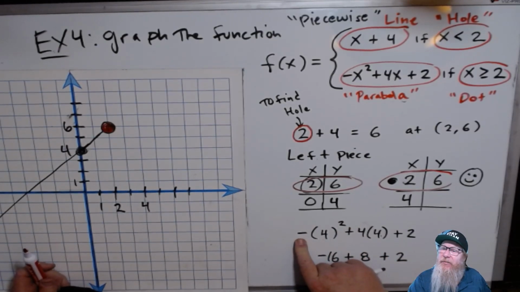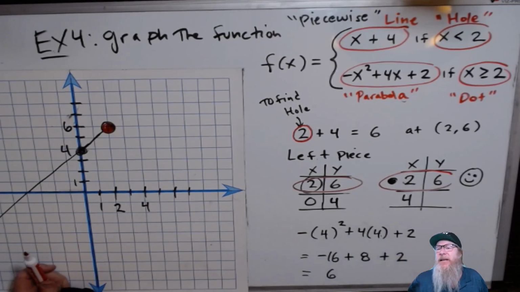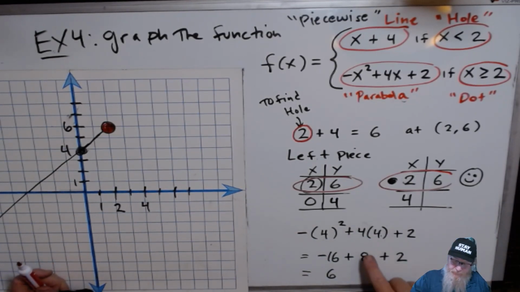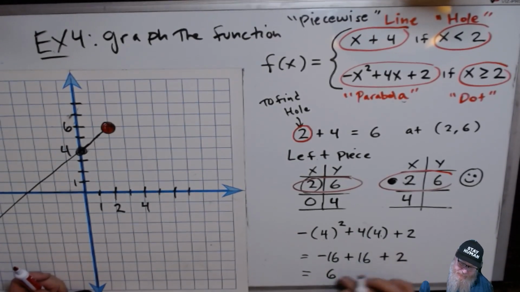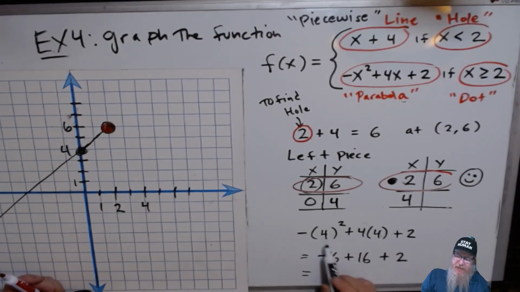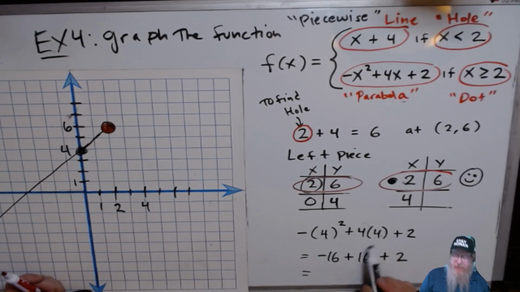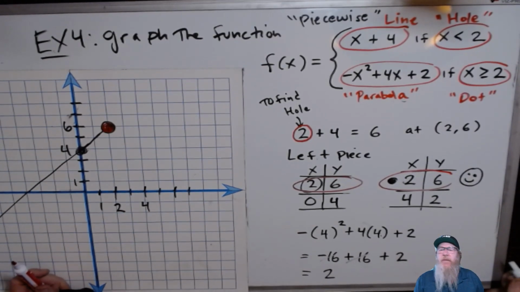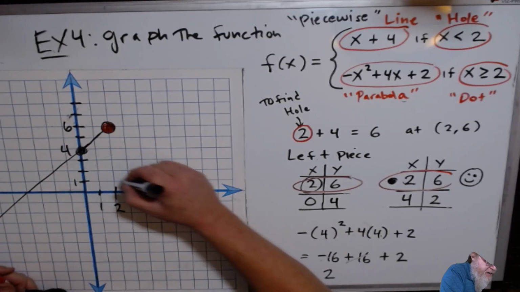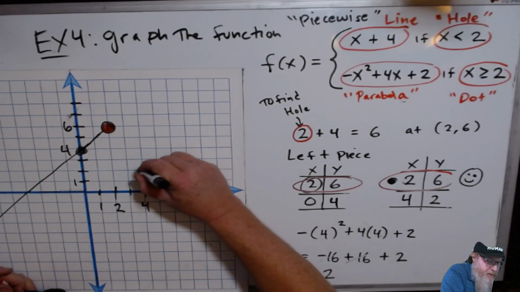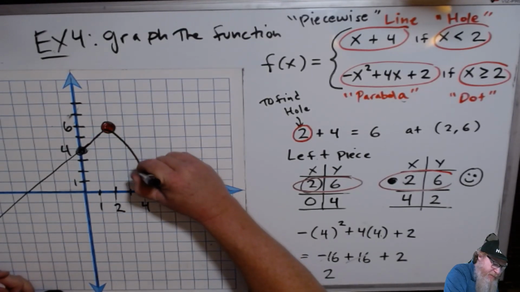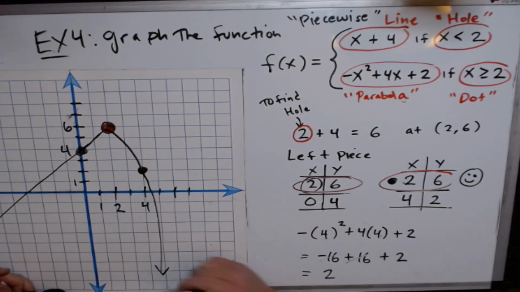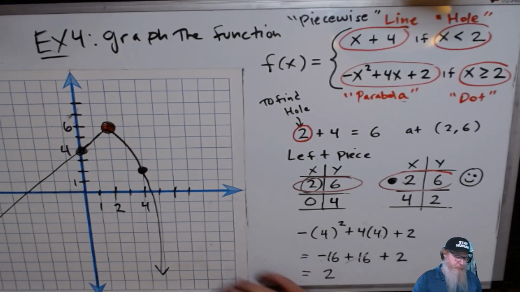It's negative, wait for it, 4 squared, right? That's different than negative 4 squared. So this is negative 16, that's positive 16, so that's going to be 0 plus 2 is 2. So I've got 4 and 2, so right about there. So there's your parabola.